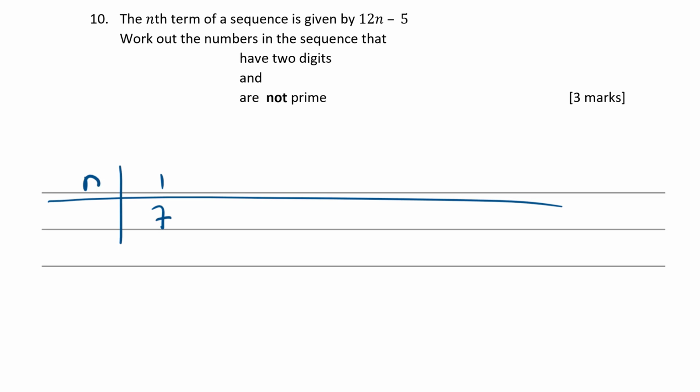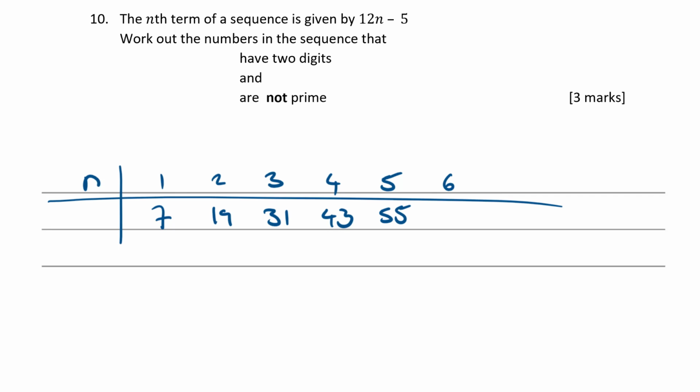Then when n is 2, that's not got 2 digits, but it's 24 minus 5, which is 19. n is 3: 12 times 3 is 36, minus 5 is 31. 4 12s are 48, subtract 5 is 43. 5 12s are 60, subtract 5 is 55.